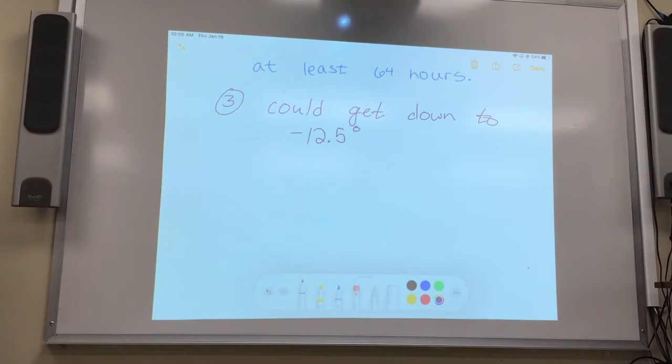And the temperature from afternoon to evening went down 7.5 degrees. Are my abbreviations okay here? I think so. You can write it differently if you need to.